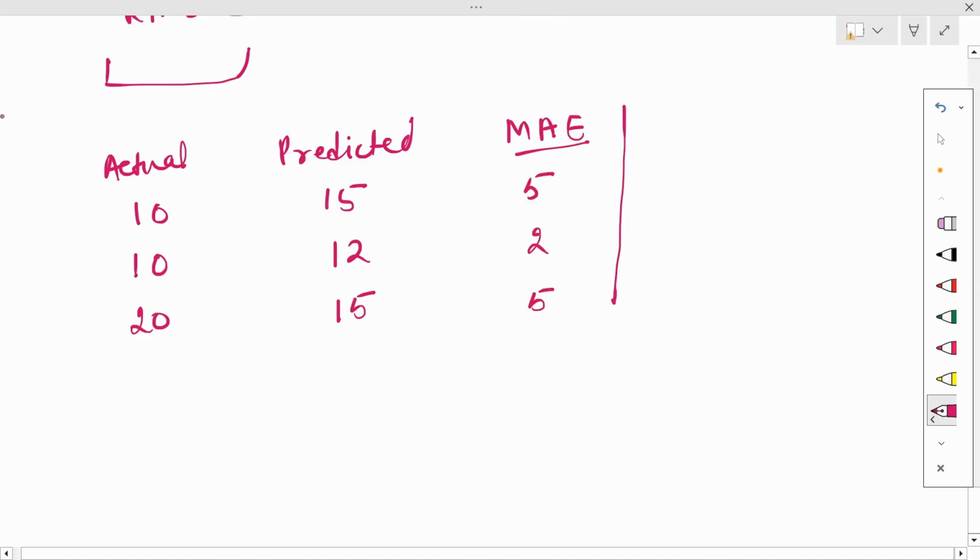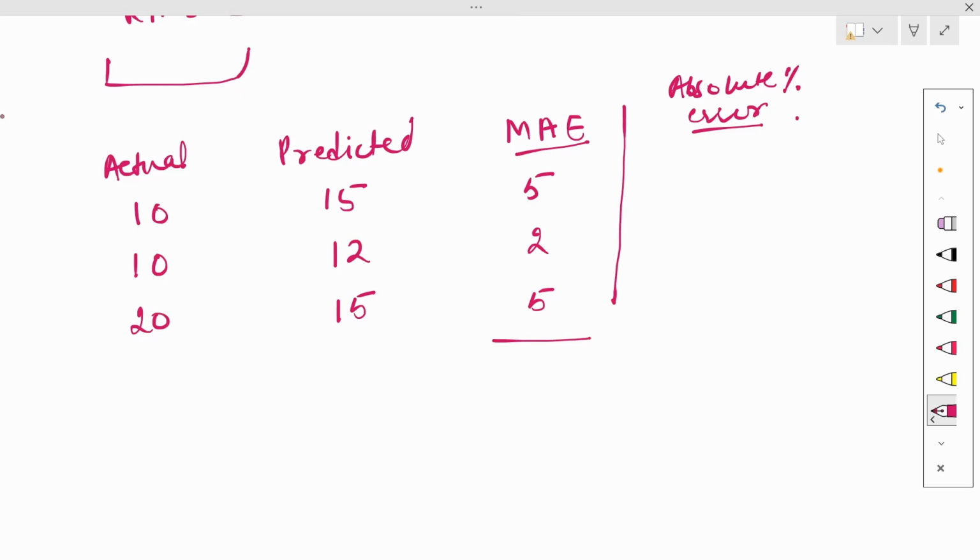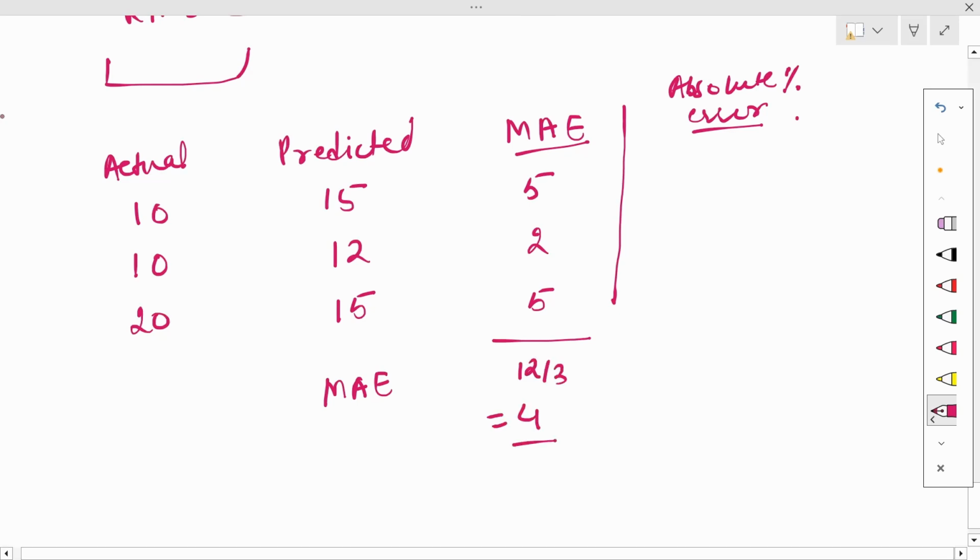To generalize it, we will find the absolute percentage error. The average MAE will be 12 divided by 3, which is 4. So on average, our predicted values deviate by 4 from the actual values.